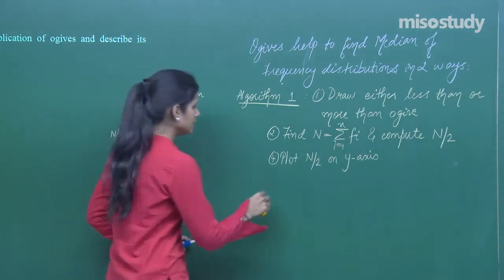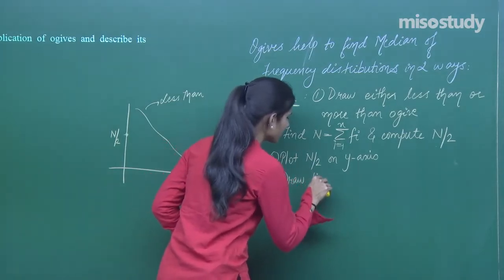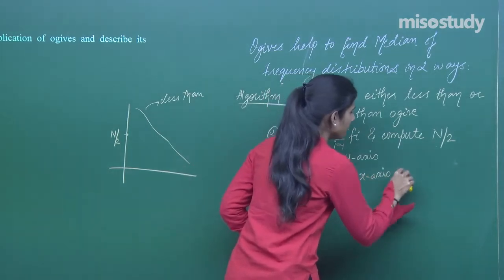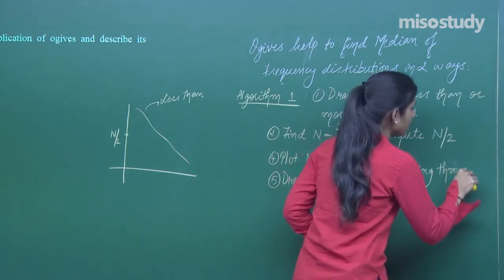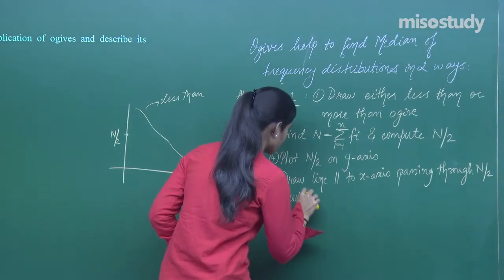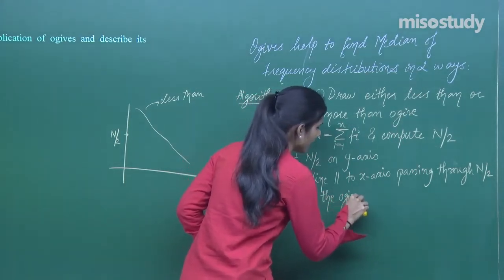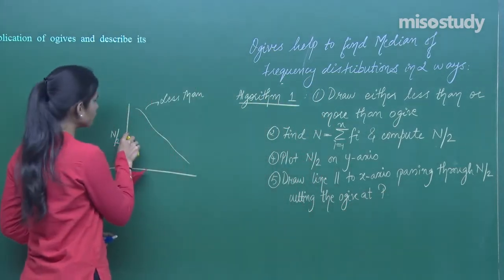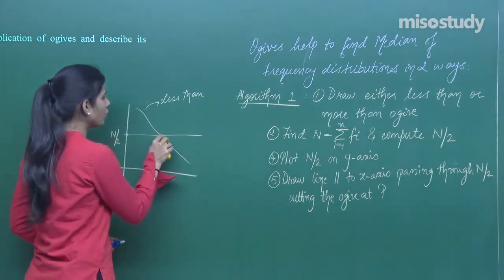Next, draw a line parallel to x-axis passing through N by 2, cutting the ogive at P. It says that once you have marked N by 2, draw a line parallel to the x-axis, passing through N by 2, cutting the ogive at P.